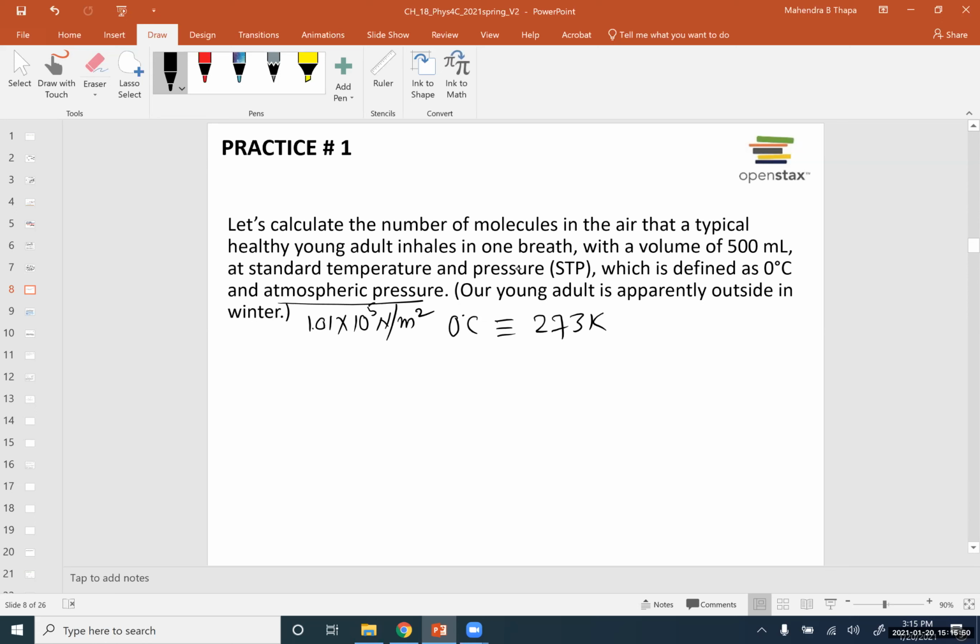If you know this information and the volume, then you can find the number of air molecules by using the equations I just showed you.